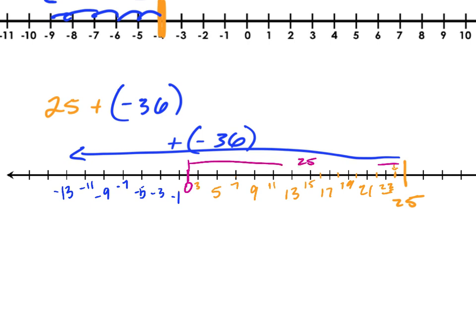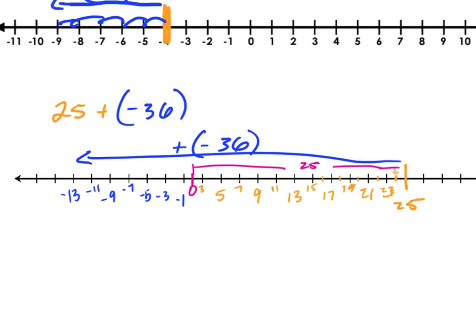So we go to the left 25 to get to 0, and then how much are we going to have left over? I guess this arrow should probably be right here, because if we go 36 this way, we're going to land on negative 11. So 25 plus negative 36 equals negative 11.